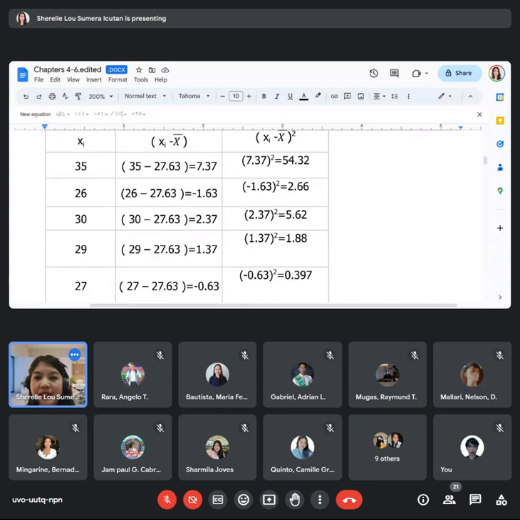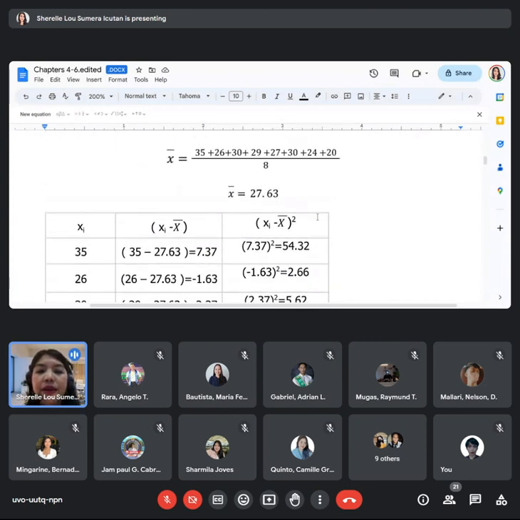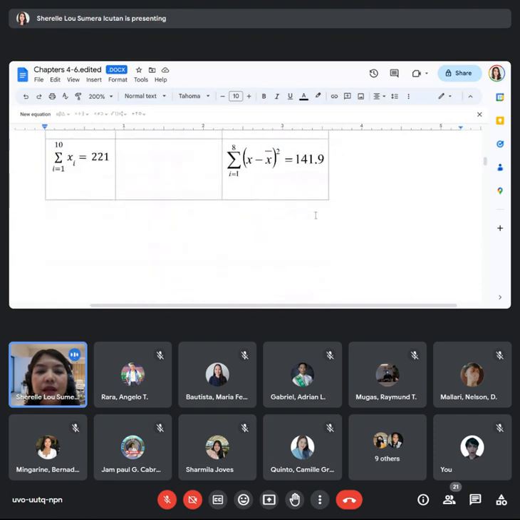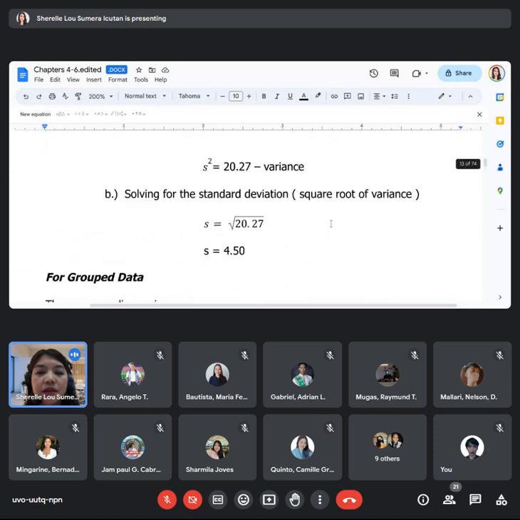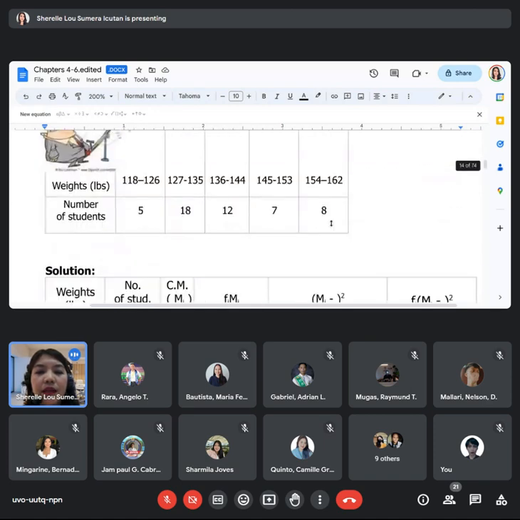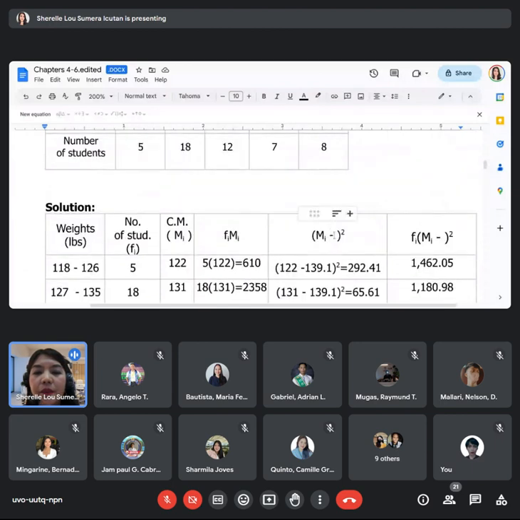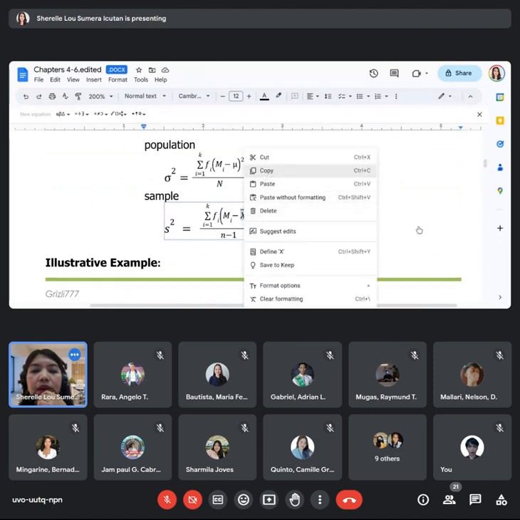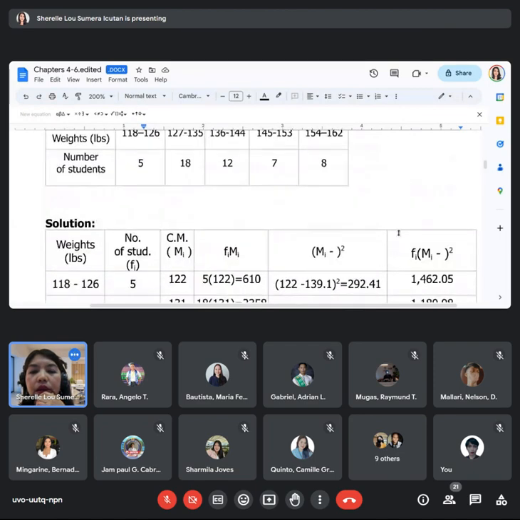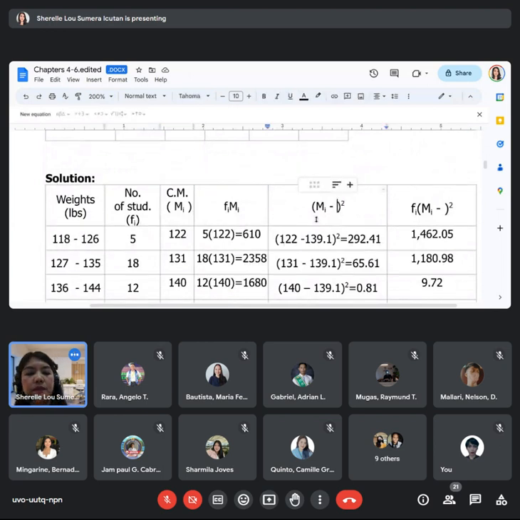Okay. Pasensya na. Let's look at that. Yan. So, we have here the formula. So, X minus X bar kasi siya, no? Nandito na siya. So, for group data, so you have here Mi minus X bar. Ayan. Copy. Mi minus X bar.